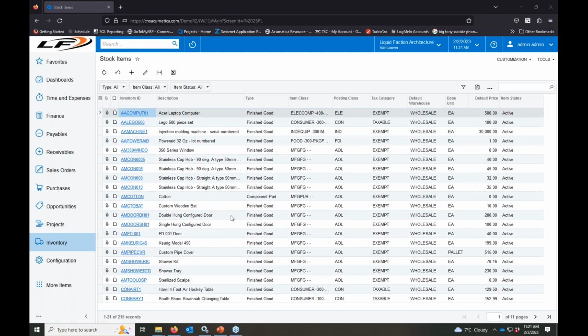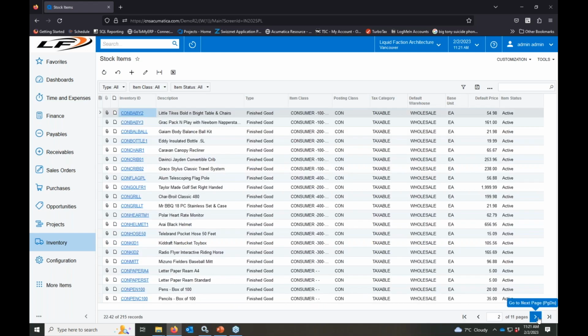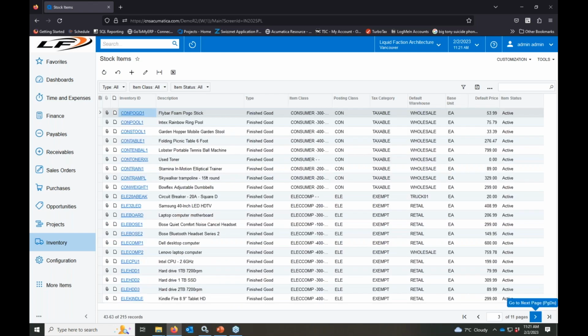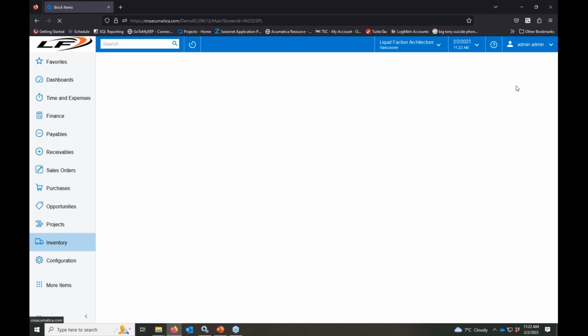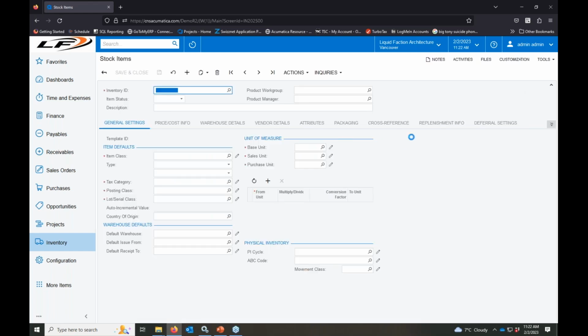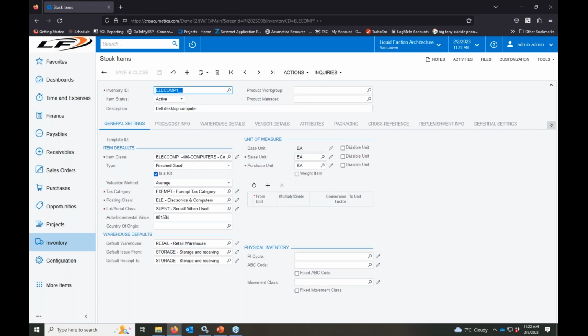All right, so here we have our list of stock items. Let's go and look something up that might be a good option. Let's look up this Dell desktop computer. Of course, I could have typed in the item code or the description here, but found it anyways.